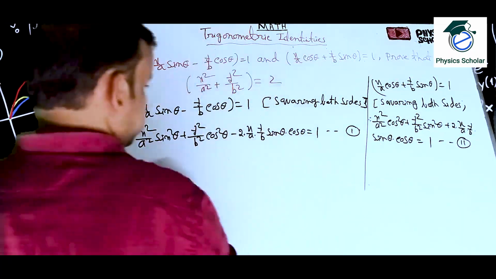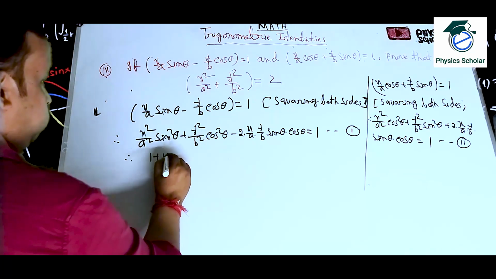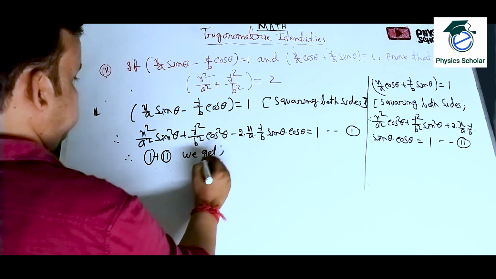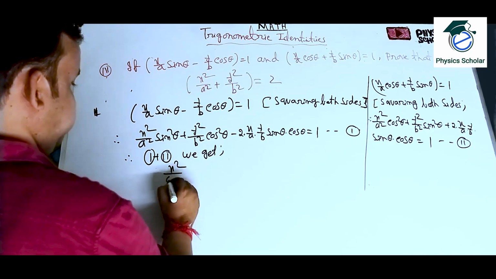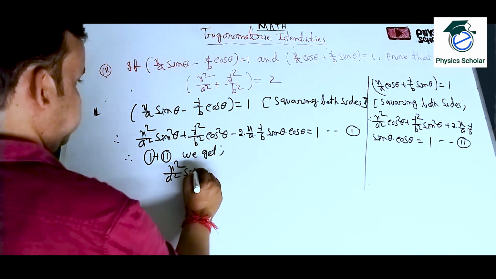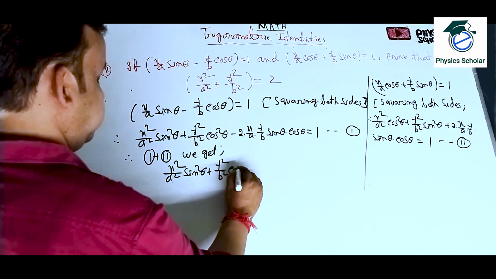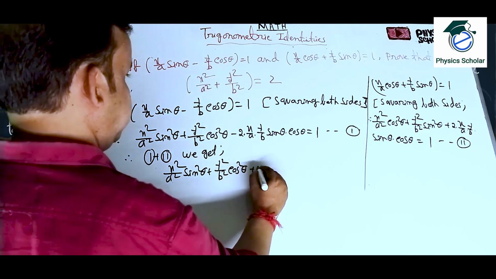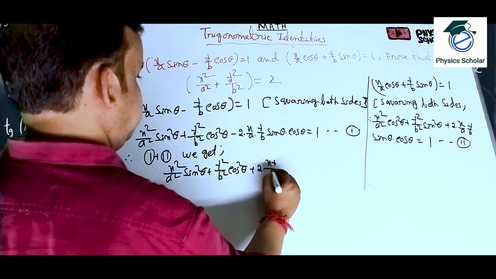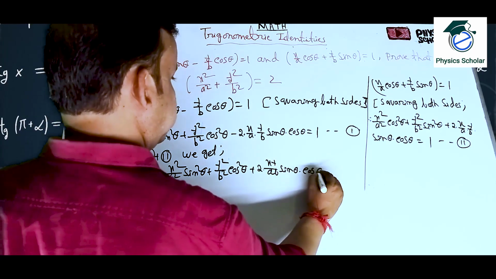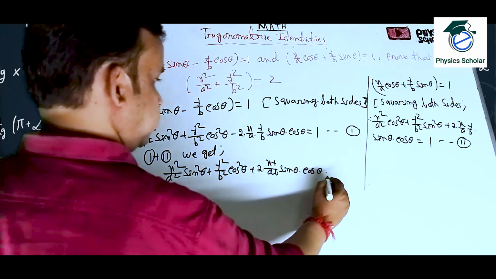Okay. So 1 plus 2 adding we get what? x square by a square sin square theta plus y square by b square cos square theta plus 2 into xy by ab sin theta into cos theta, okay, is equal to what?